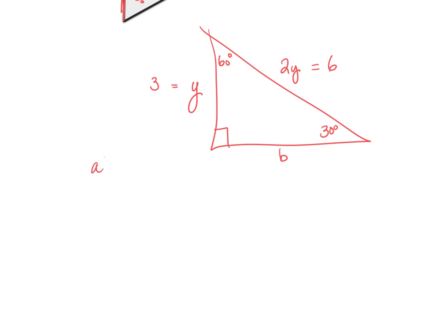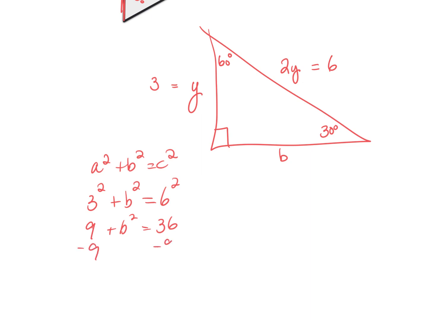So let's plug that into Pythagoras' theorem and see what we get. So we have 3 squared plus my other leg squared, which I'm solving for, equals the hypotenuse squared. So this is 9 plus b squared equals 36, because 6 times 6 is 36. Then to solve for b, I have to subtract 9 from both sides. So what I get is b squared is equal to 27.